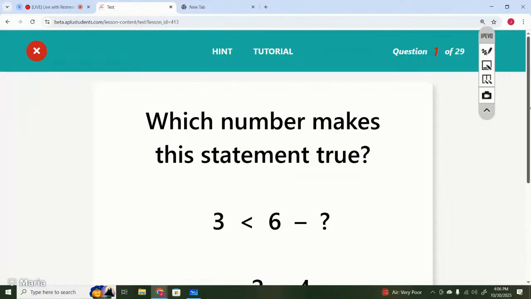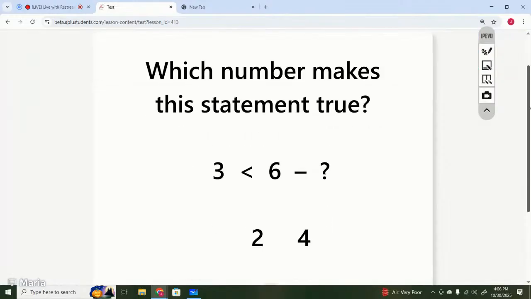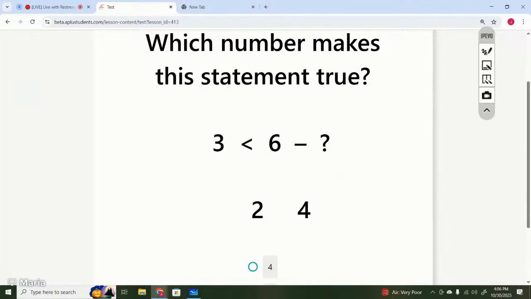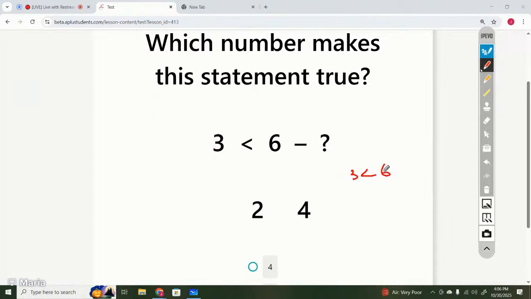Which number makes the statement true? 3 is less than 6 minus the missing number. So start with the first, that is 2. 3 is less than 6 minus 2. 3 is less than 4.